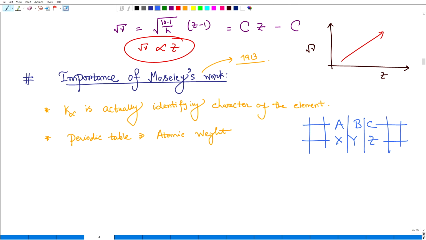So a and x should have the same character, b and y should have the same character, c and z should have the same character, because the periodic table claims that the elements in the same column will have the same character. But you can see the y and the c, in some cases this is observed, that y and the c have the same character.